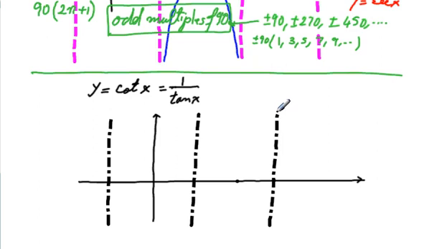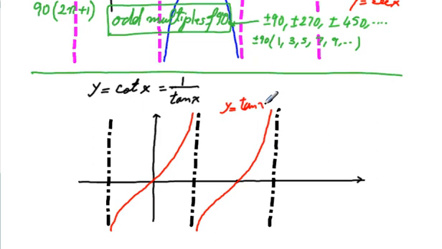So let me draw some of the pieces of tangent. Here is how tangent looks like. Hopefully by now we have that one mastered. So here the red one is tangent of x. It doesn't have much of a handle to it. It's kind of a featureless, inverted S or something. Here is where its vertical asymptote is.